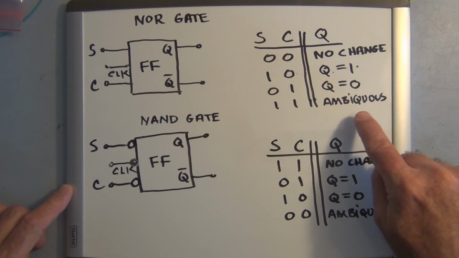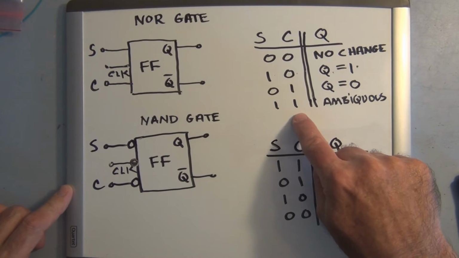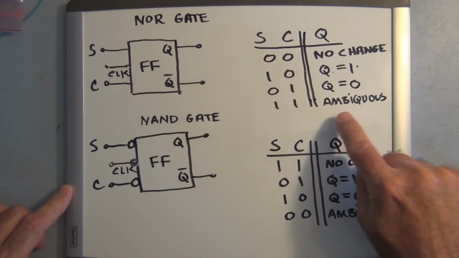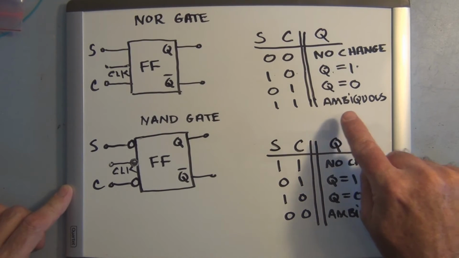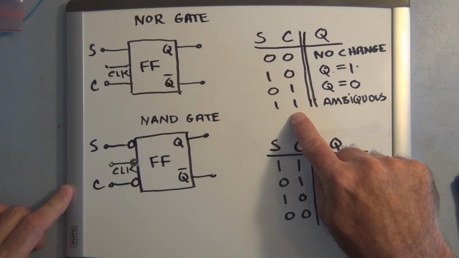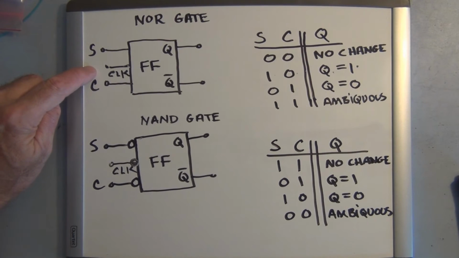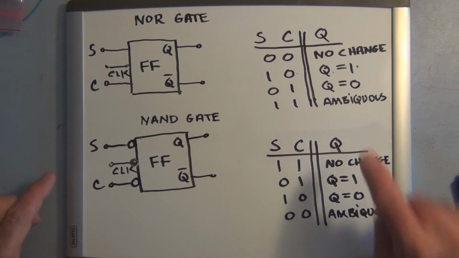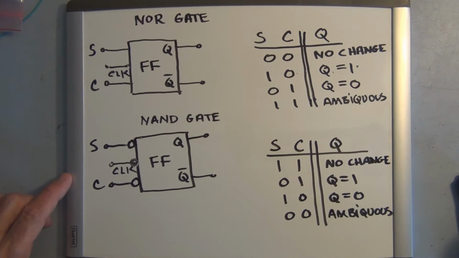The JK flip-flop takes advantage of this condition where the set and the clear are 1, and there's a new mode of operation called toggle mode. And when the set and the clear are both 1, each time the trigger edge of the clock pulse occurs, the Q output will toggle to the opposite state.